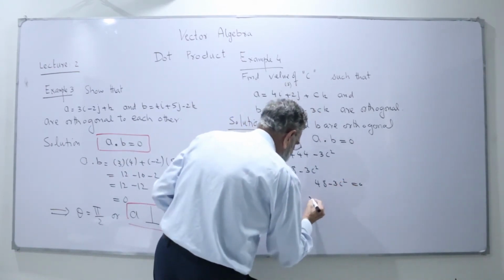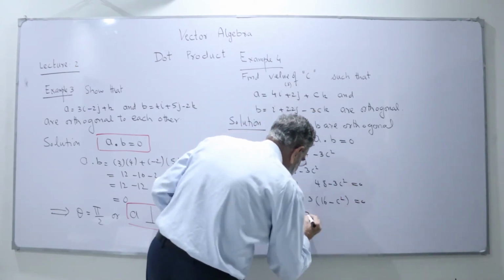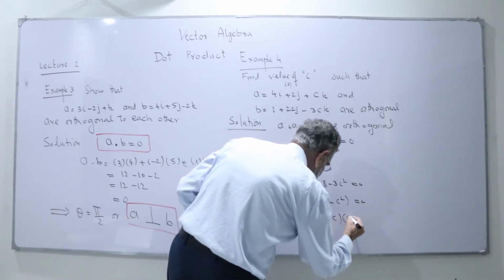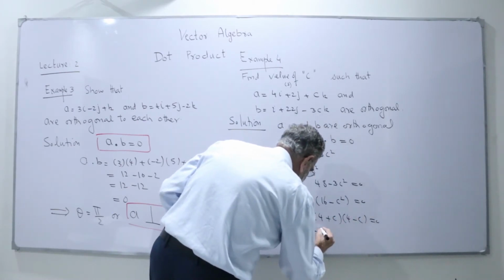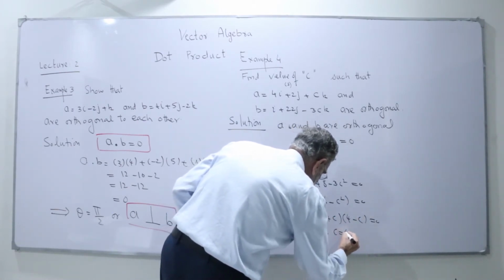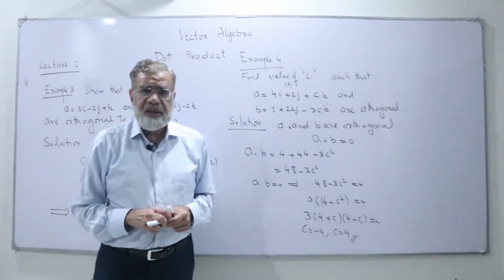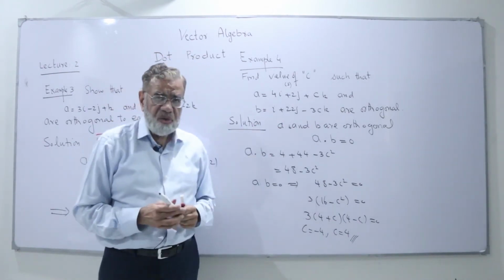I take 3 common, I get 16 minus C square equal to 0. I factorize this, I get 4 minus C, 4 plus C equal to 0. They are 0 when C is equal to minus 4 and C is equal to 4. So when the value of C is equal to 4 or C is equal to minus 4, then we say this vector A is orthogonal to vector B.